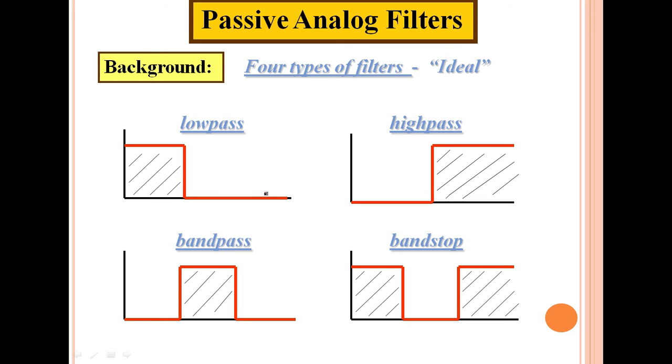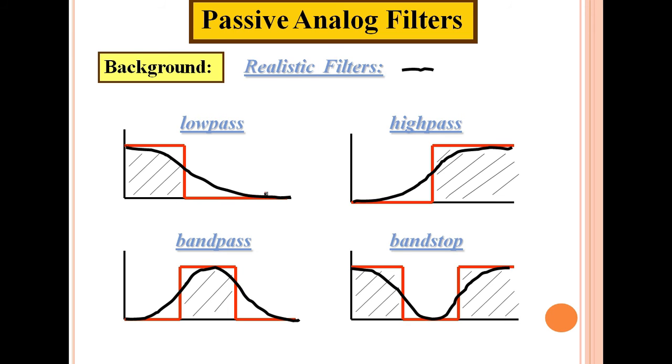Then basically these are the 4 types of filter. We have seen the low pass filter, high pass filter, band pass filter and band stop filter. Then what is the actual realistic filter output, that part we have seen, for the low pass filter, high pass filter, band pass as well as the band stop filter, which is shown by this black line.